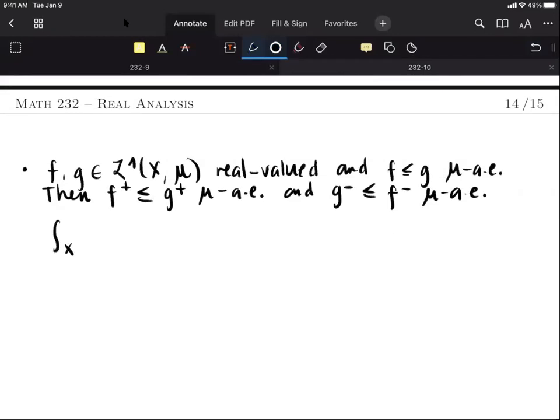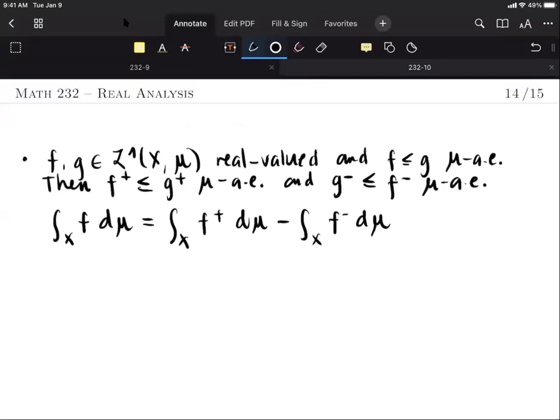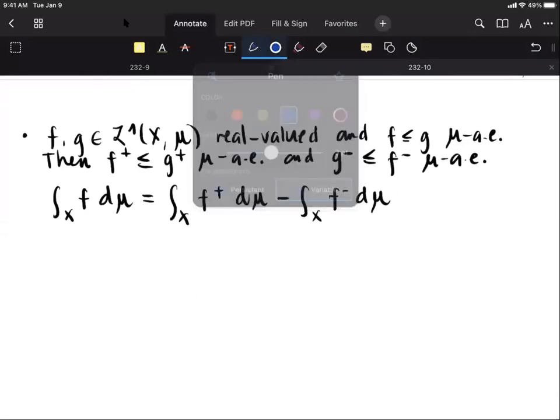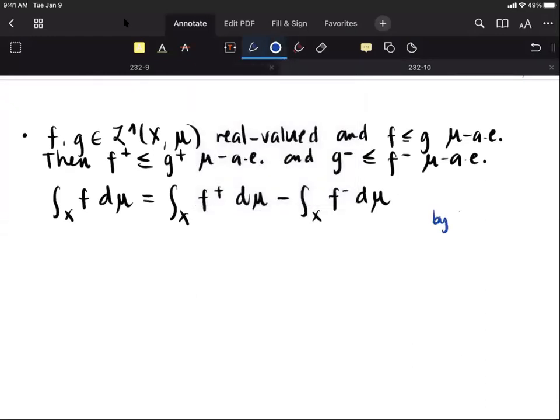Again, using this, starting from the Lebesgue integral of f, by the definition, this is the difference of the Lebesgue integrals of the positive and negative parts. Now, applying the non-negative case, since f plus is less than or equal to g plus mu almost everywhere, this inequality holds.